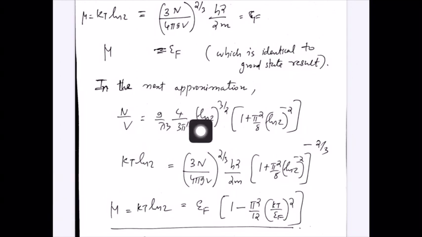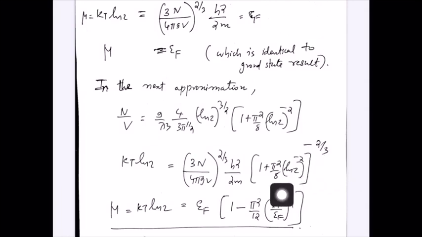Here we have the log Z, isn't it? So this log Z to the power 3 by 2 is written in this form, and kT log Z, that is mu, will be this: epsilon f times 1 plus pi squared by 8 kT by epsilon f squared.